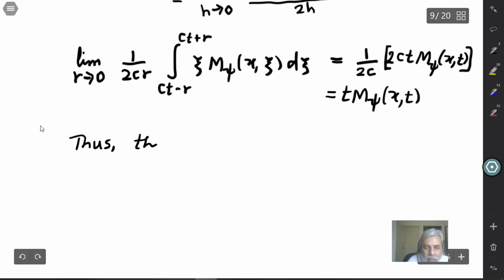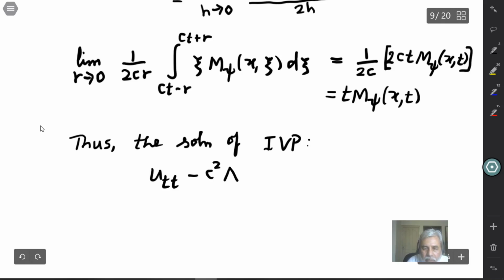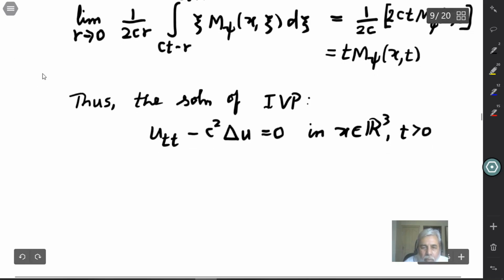Thus the solution of the IVP, so finally we can write that, u_tt minus c squared Laplacian u equals 0. Remember, we are dealing only with n equal to 3, so let me stress that, because this is not the formula for general n.